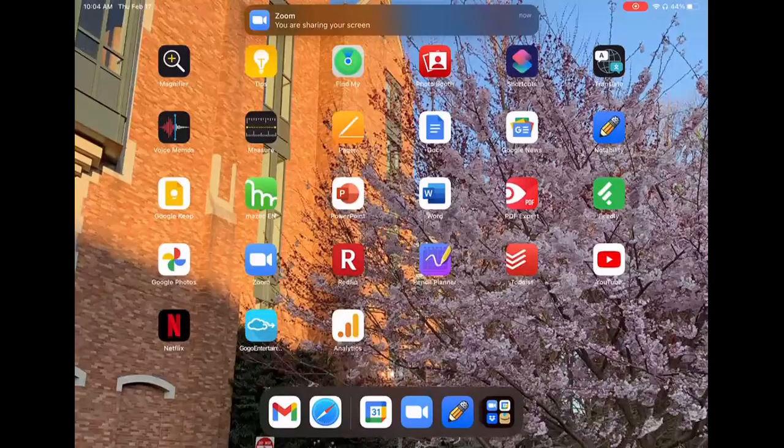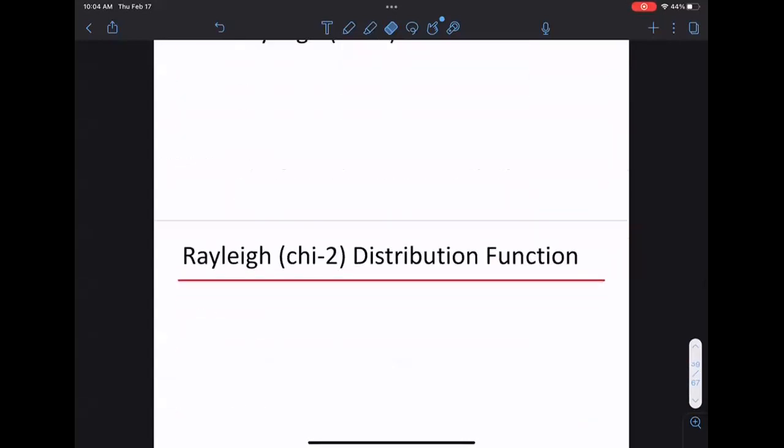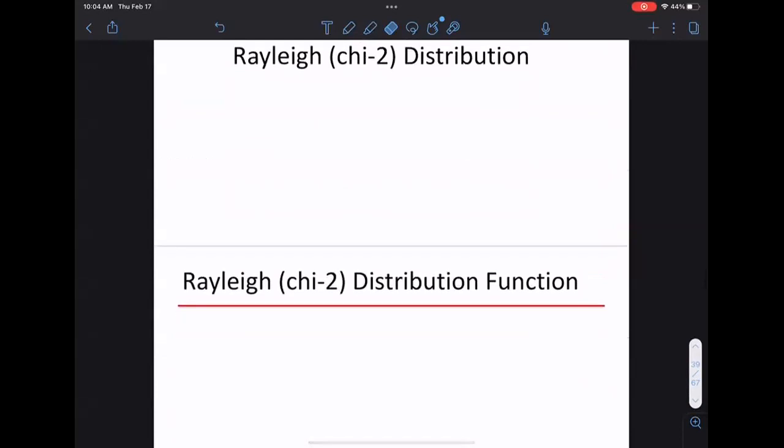Okay, so let's look at something called a chi-square distribution. This is called a Rayleigh distribution. This is just something else that improves on the Gaussian. It typically is used for positive-valued random variables.